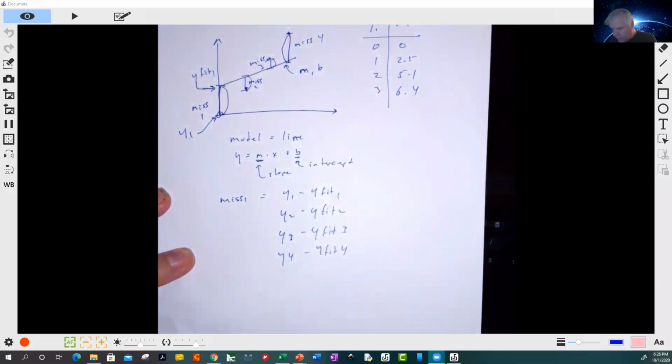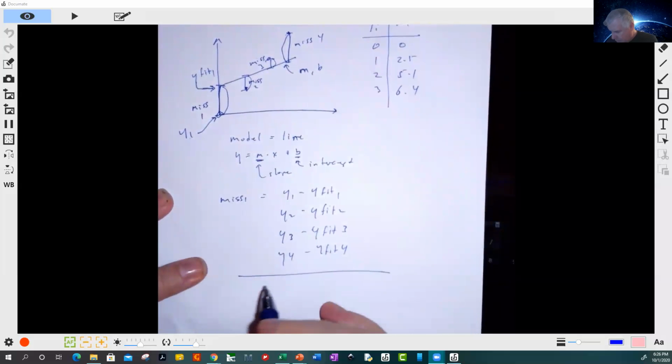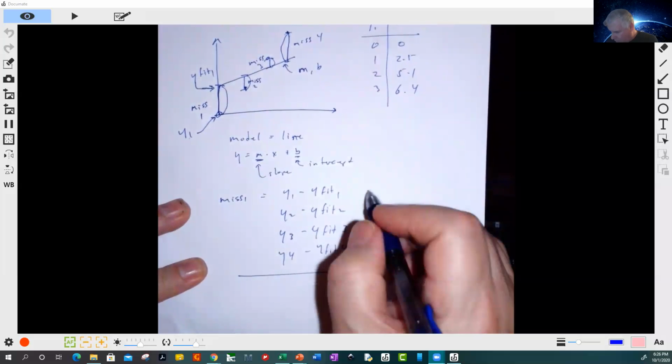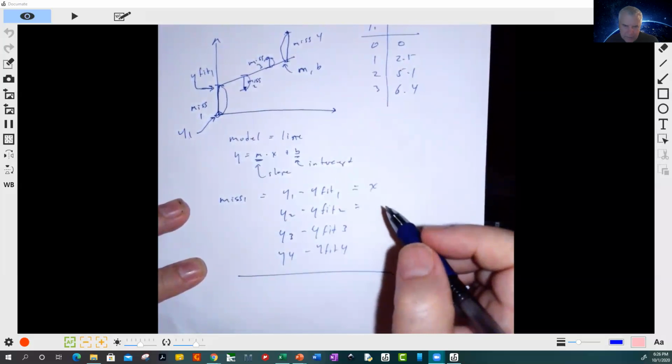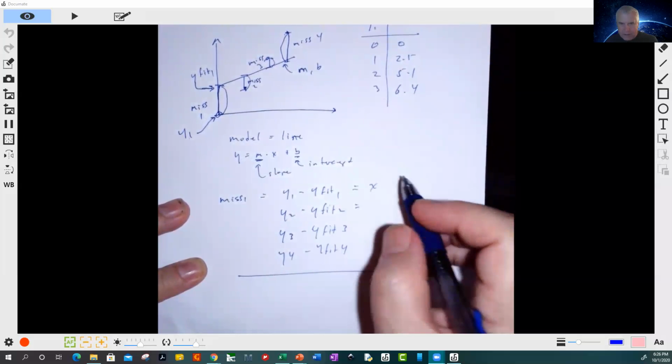So there's a little bit of a problem with doing it this way, though, right? Well, first of all, we need a single number that represents the badness of fit, right? So we can just add all these up. We could call this number chi here.